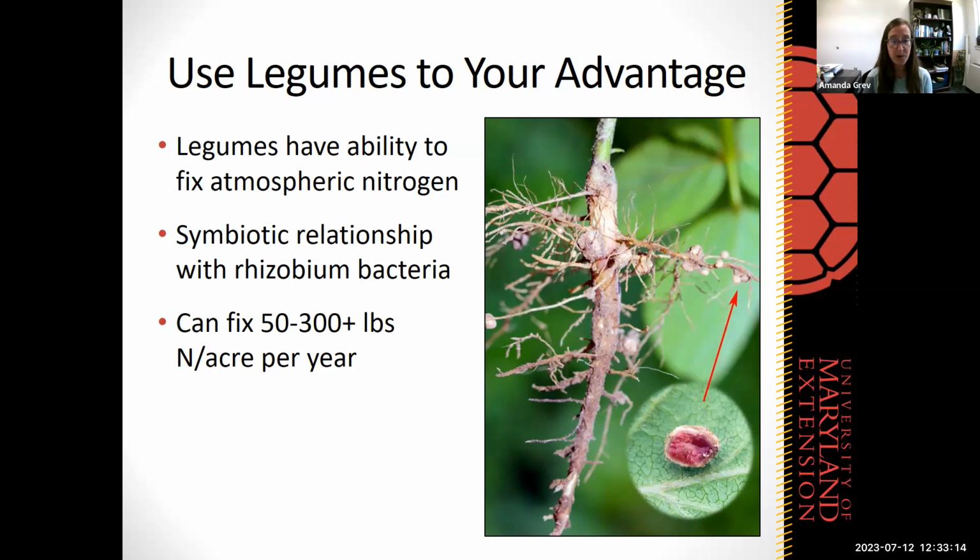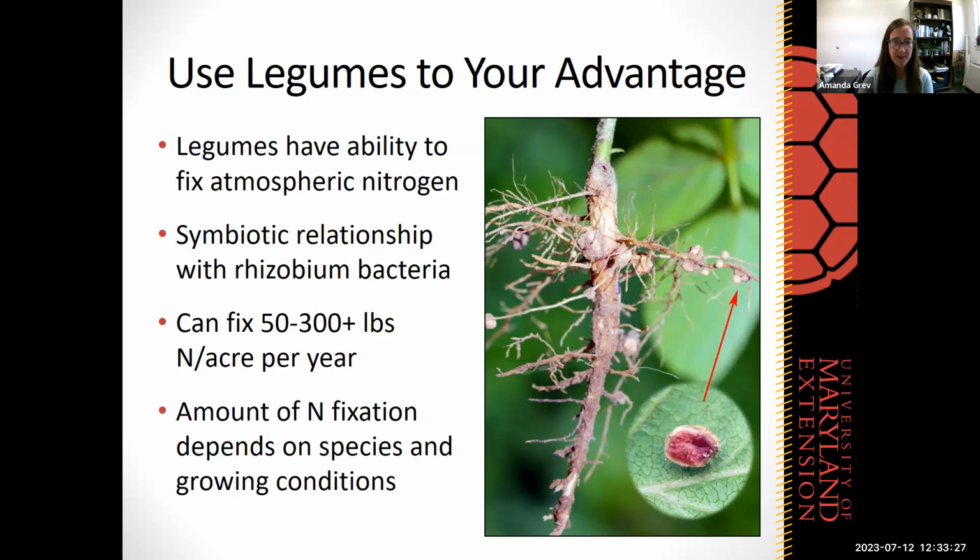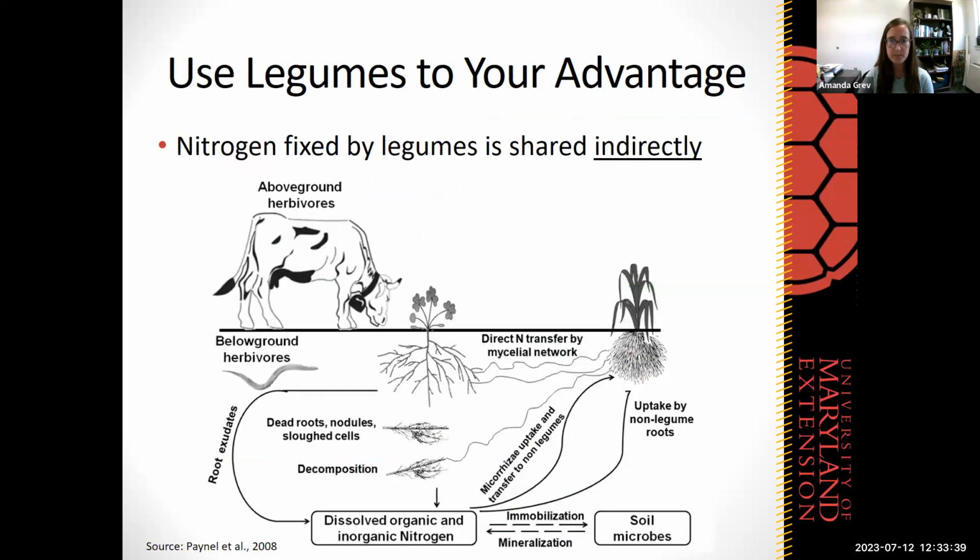So it should be that bright pink color, which shows that it's active and healthy. If it's a pale pink or white or kind of shriveled up, then it's not necessarily an active one. So just a little fun tidbit for you there. And like I said, the amount of nitrogen fixation will depend on what species we have, the growing conditions, all of that stuff plays a role in how much nitrogen those legumes are supplying.